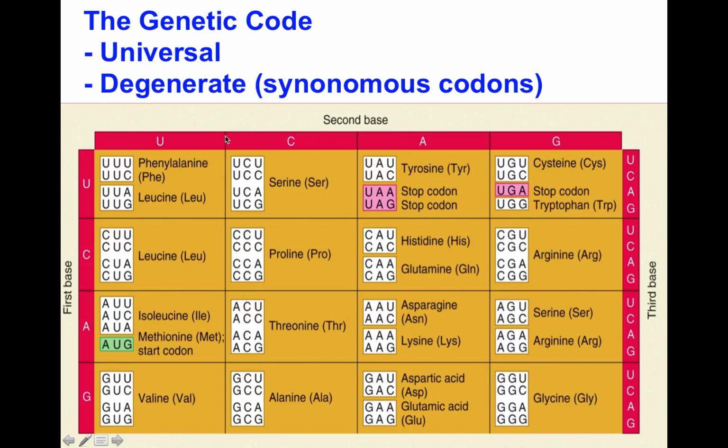Let's look at proline. Okay, these are the 4 different codons for proline. Notice that the first 2 are always CC. CCU, CCC, CCA, CCG.